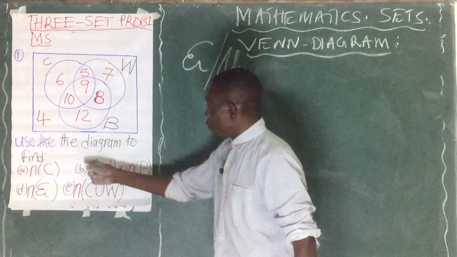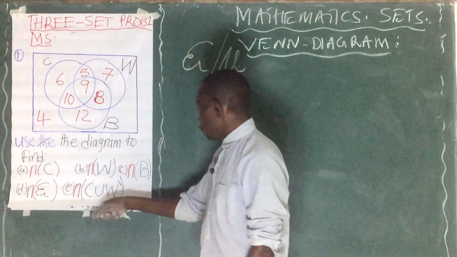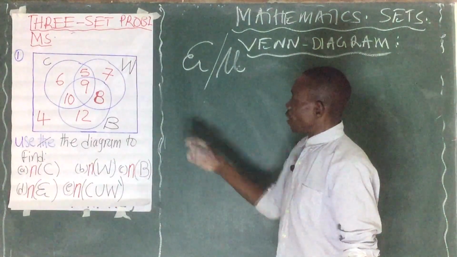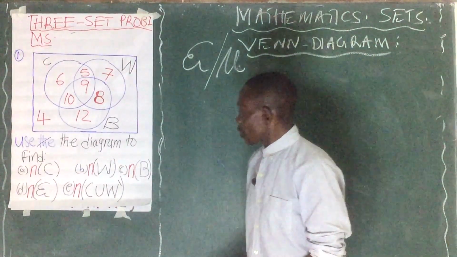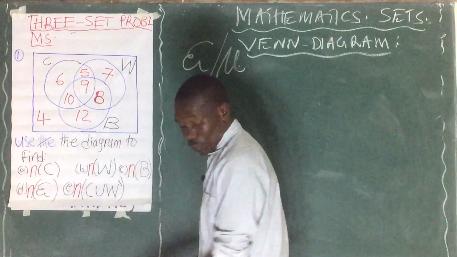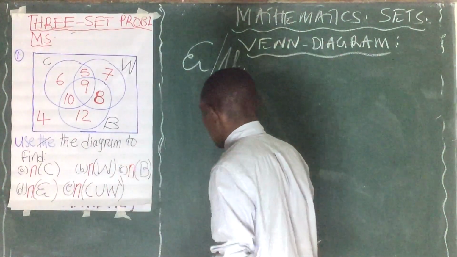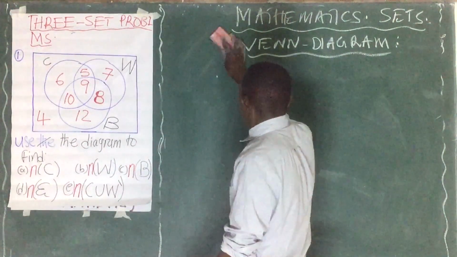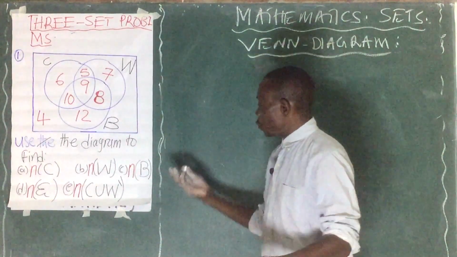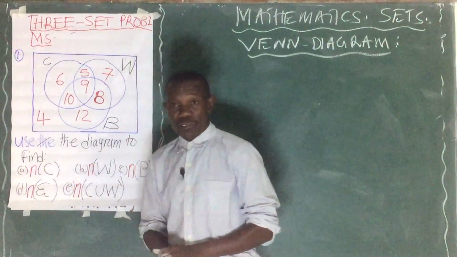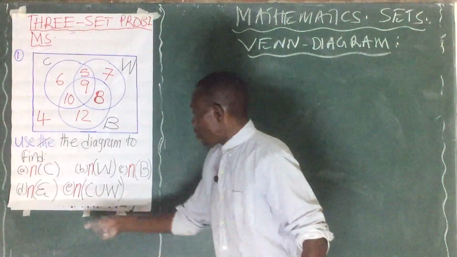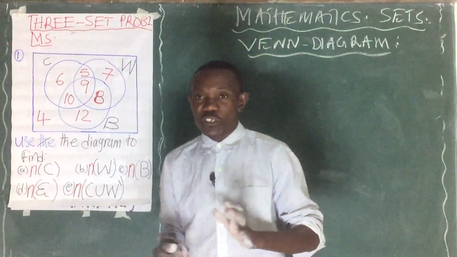Right, so here we have questions 1, 2, 3, 4, 5 to be answered based on that, if we're really able to follow what those numbers mean. In 1, they ask us to find n(C). Right, so from our discussion, we know that n(C) simply means the number of elements in set C. As I said in the first video, n simply demands that you count, only counting, it's not listing.